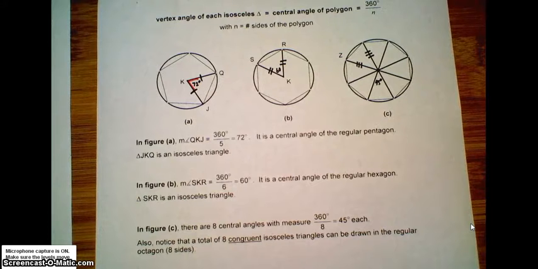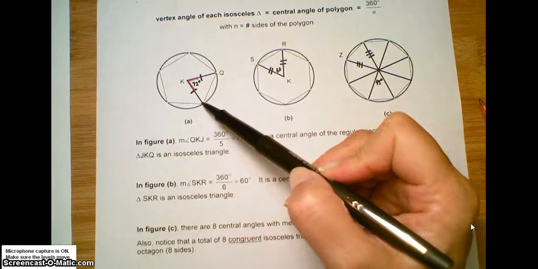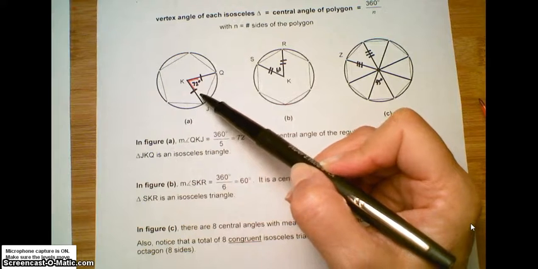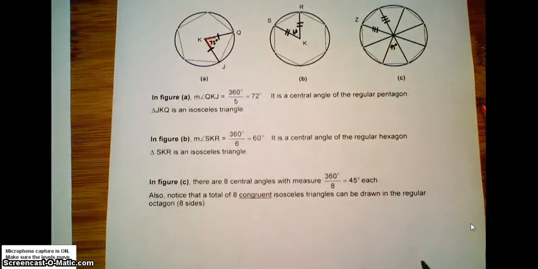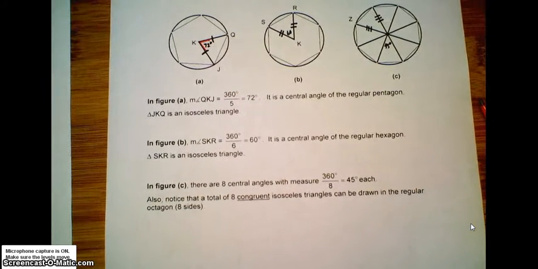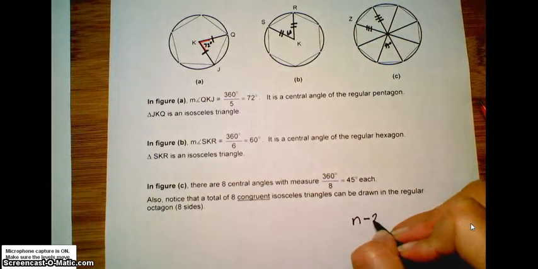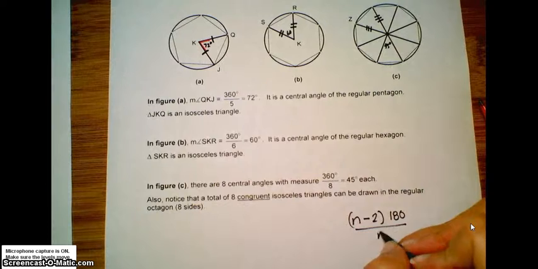Now, there is another way to get the angles of this triangle. Every time a radius comes out to a vertex on the polygon, it's going to bisect the angle of the polygon. If you remember from previous chapters, each interior angle in your polygon will be found by n minus 2 times 180, divided by n.